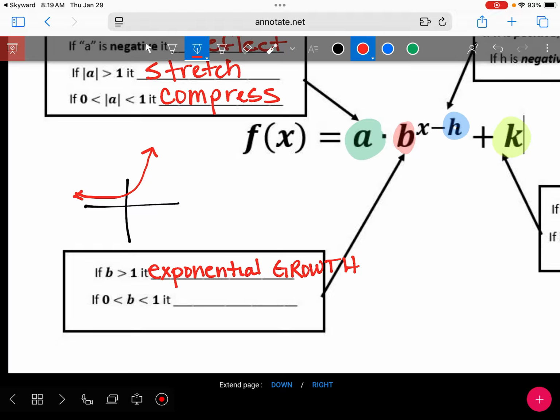And if it's less than 1, it's going to decay. Exponential decay. This is what an exponential decay graph looks like.